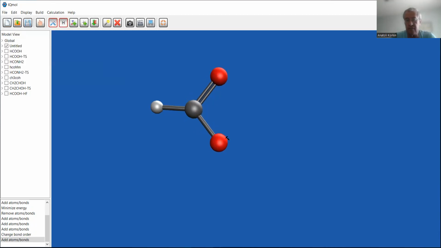And for this reaction I need the cis form. It could be cis or trans form. I need the cis form because this is the one which will be transforming by hydrogen transfer.